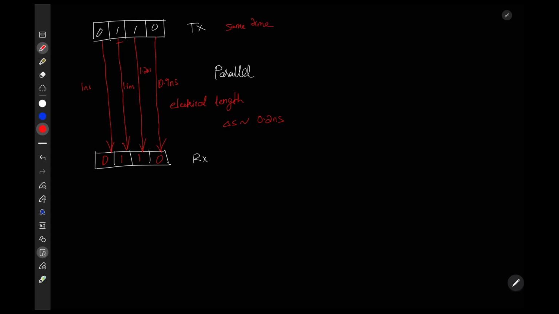The receiver is receiving these bits at different times. So ultimately the difference in your electrical length, or difference in the delay, or the differences between the channels, is a limiting factor for your transmission speed. The interconnecting cables or the channels are themselves a limiting factor for your transmission speed.